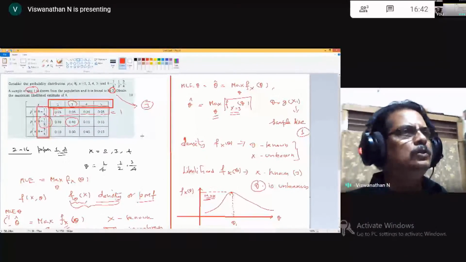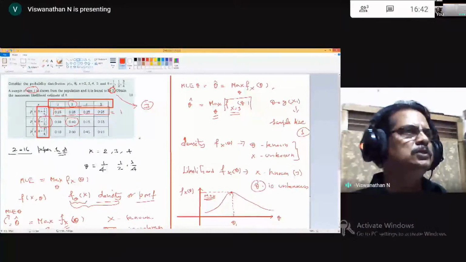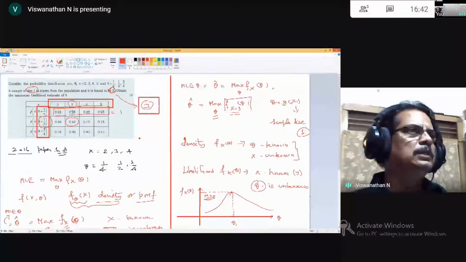But here we need not consider the entire table, because it is given that x is equal to 3. So we have to consider only this particular column.